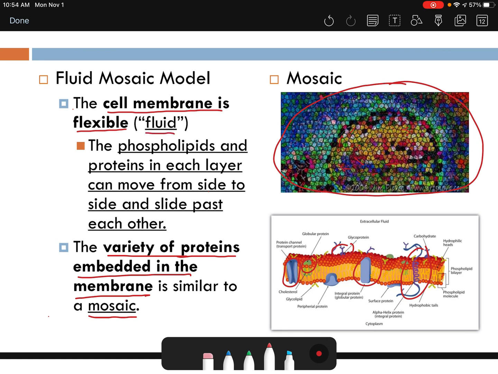So when we talk about the fluid mosaic nature of the cell membrane, it's fluid because the cell membrane is flexible and those phospholipids and proteins can kind of slide past each other and move. And it's a mosaic because there's lots of proteins embedded throughout the cell membrane.